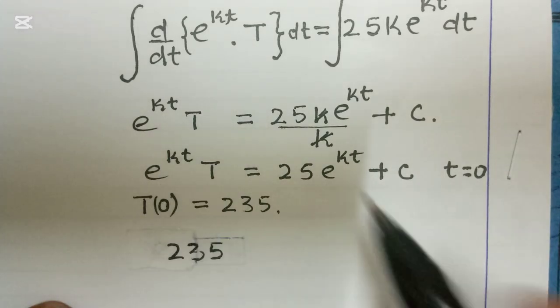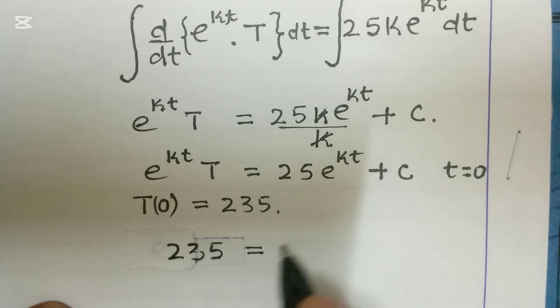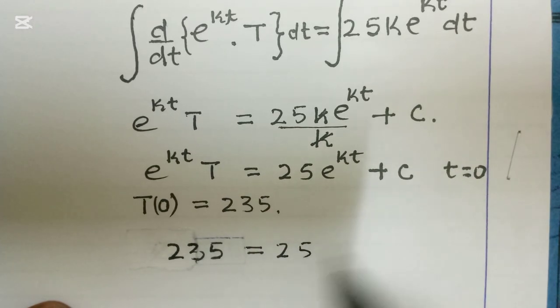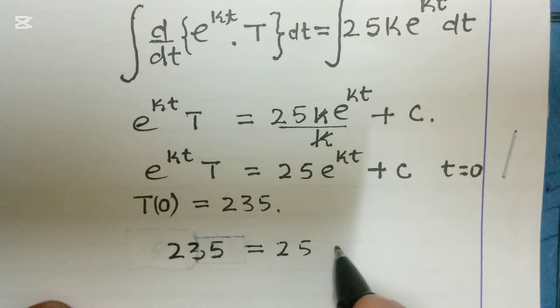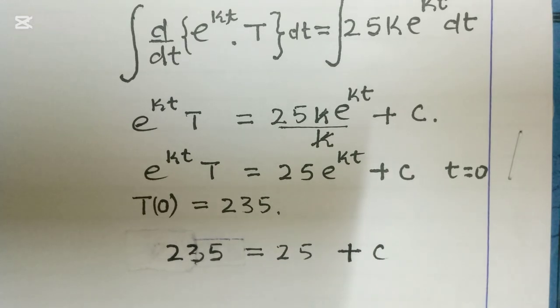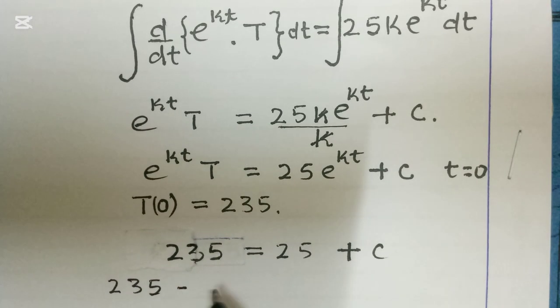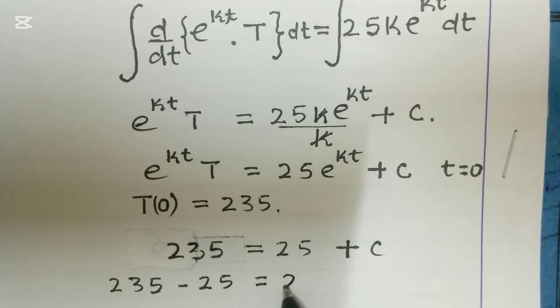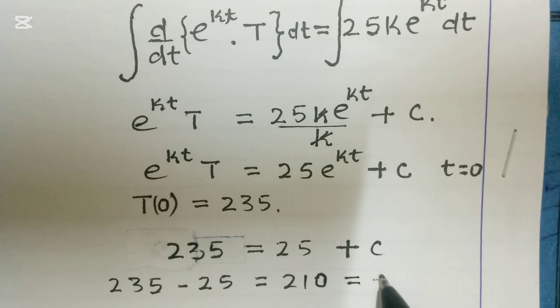Because this one is 1, then this is going to be equal to, here we have now 25, because this is going to be 0 and this is going to be 1, now plus C. So when we do that, guys, our C then is going to be 235 minus 25, which now is going to give us 210. So guys, our C is going to be 210.